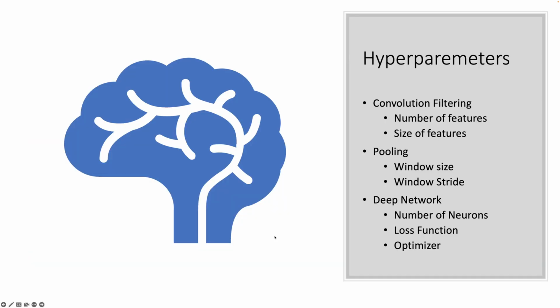The next thing are the hyperparameters, and those are going to be the dials and knobs that we can change when we're talking about tweaking a convolutional network here. So obviously the number of filters, okay, and the size of the features, right?